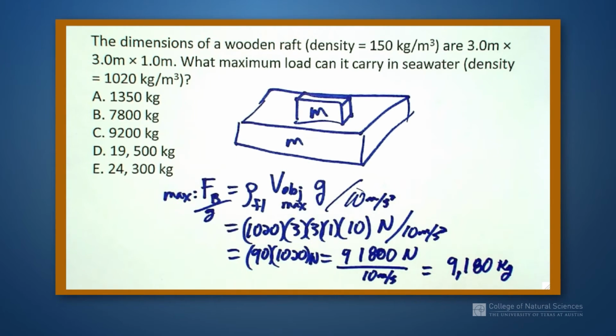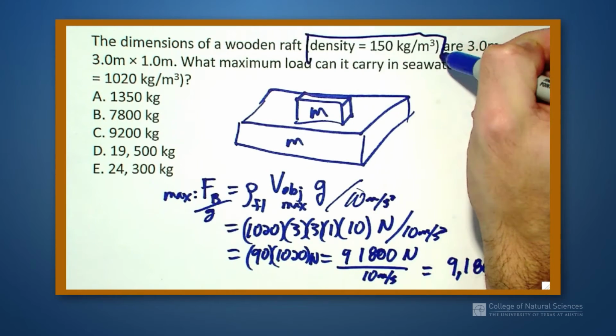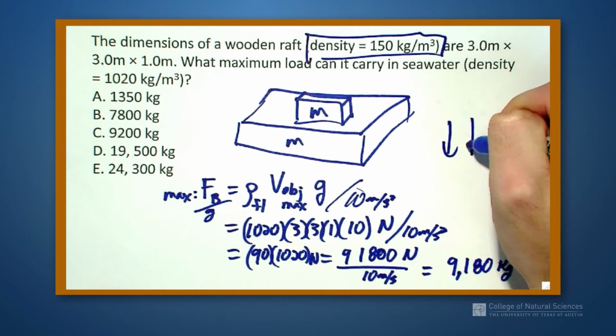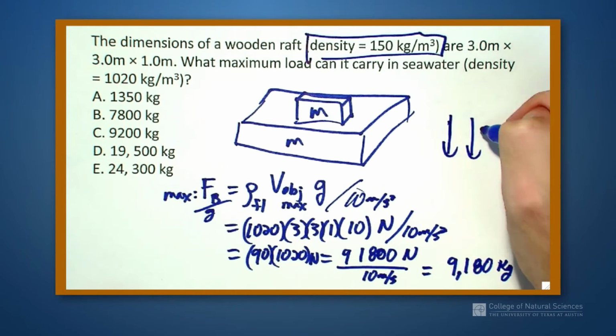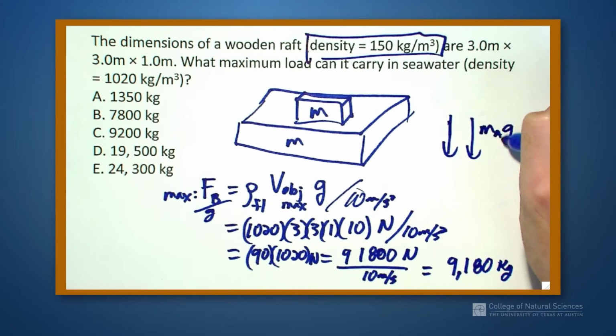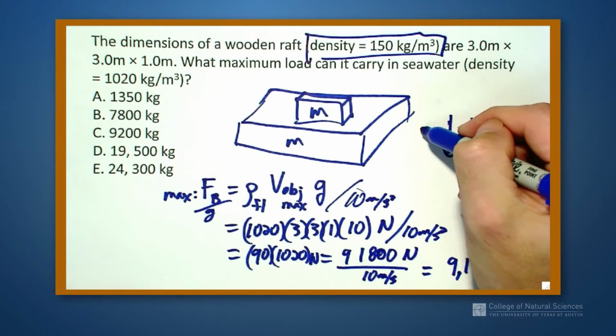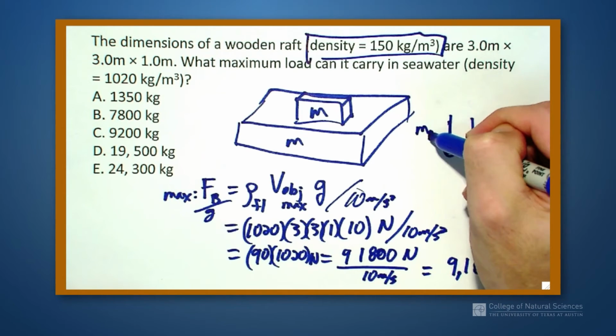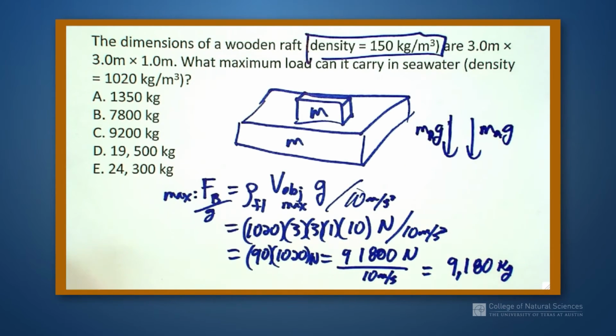However, it has to support itself. We haven't taken into account that there are two downward forces on it. There's the downward force due to the added mass, and there's the downward force due to the raft itself. And the mass of the raft plus the added mass have to be equal to or less than that value. So I need to know what the mass of the raft is.